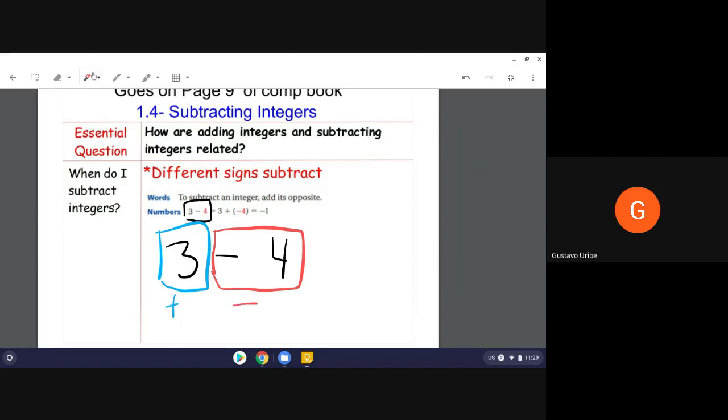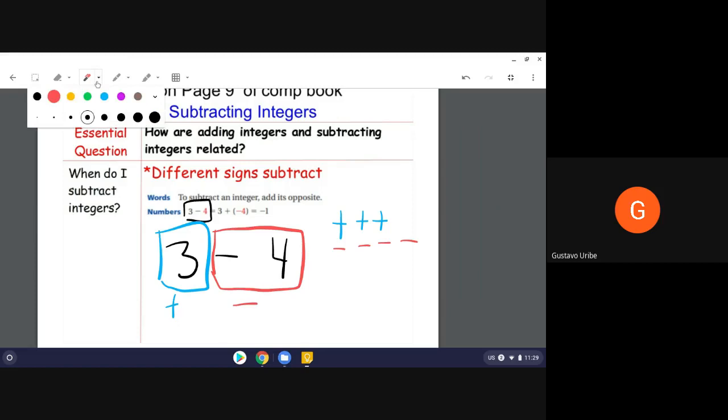So if I have 3 positives, I'm going to go ahead and write those down. 1, 2, 3. These are 3 positives, which is why it's in blue. Now I'm going to use red for my 4 negatives. 1, 2, 3, and 4.